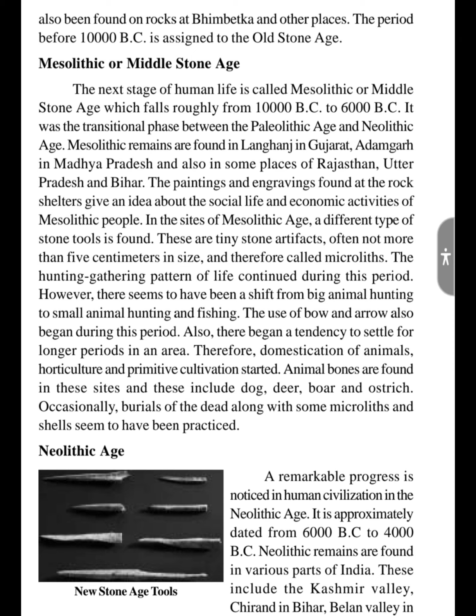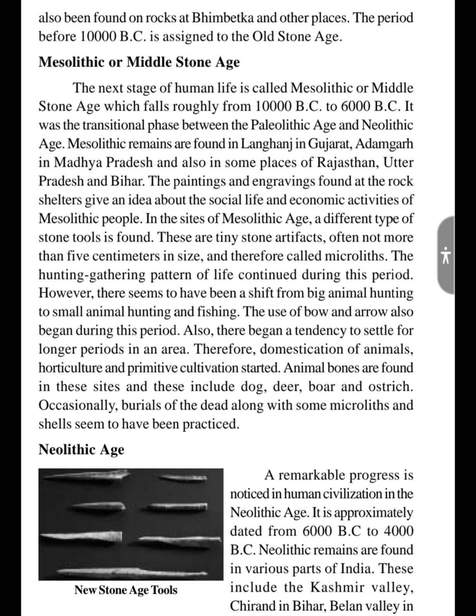Mesolithic remains are found in Langhnaj in Gujarat, Adamgarh in Madhya Pradesh, and also in some places in Rajasthan, Uttar Pradesh, and Bihar. The paintings and engravings found at the rock shelters give an idea about the social life and economic activities of Mesolithic people.